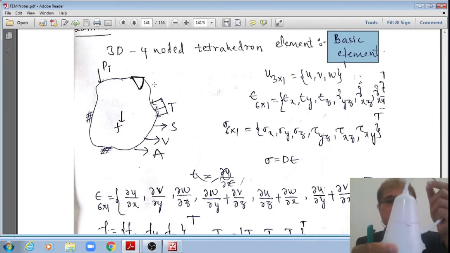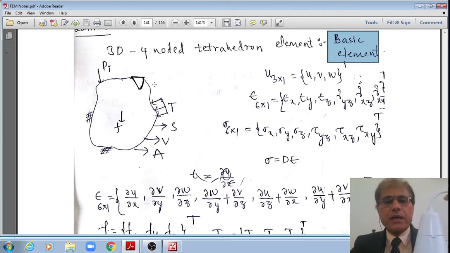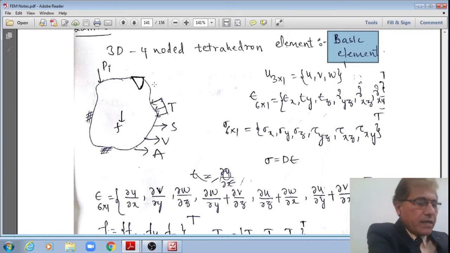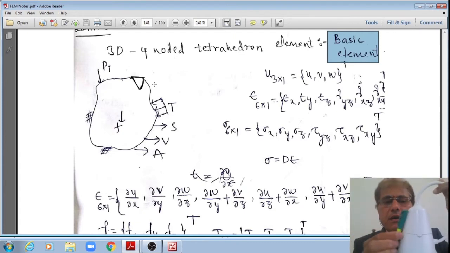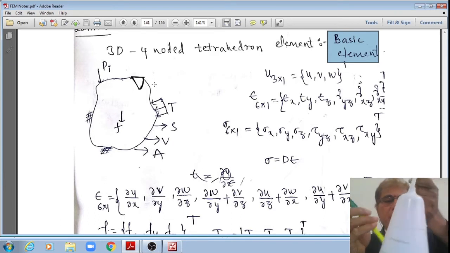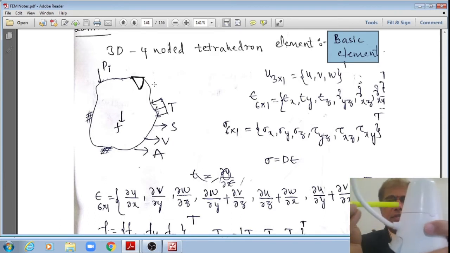One, a self-weight acting at the CG of the 3D continuum, and different traction forces acting on the surfaces like this, and concentrated loads may also be acting at different locations in different directions.